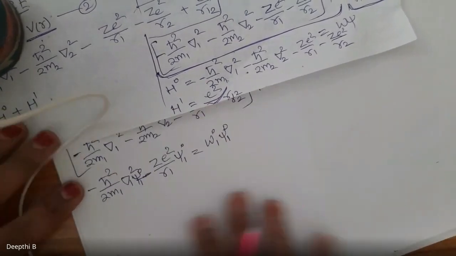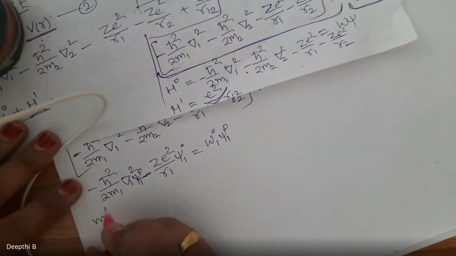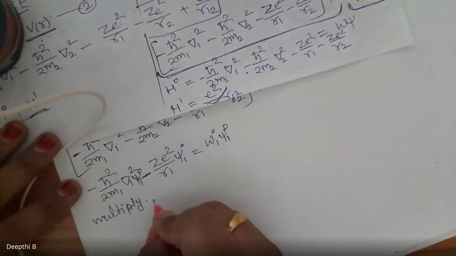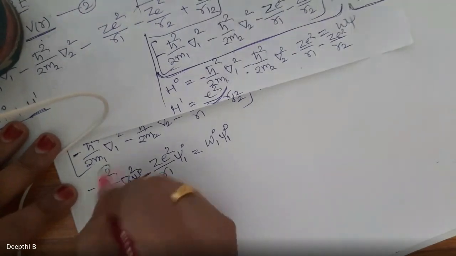Okay. So multiply with what? Multiply the above equation with minus 2m by h cross square, meaning we don't want this term.